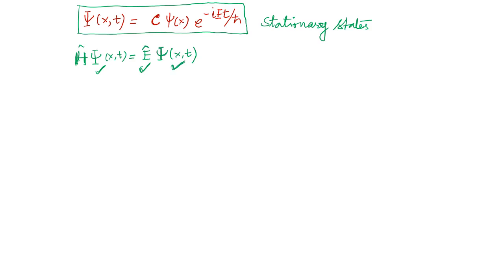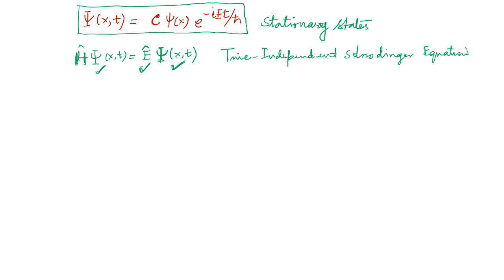This is my stationary state, and the Schrodinger equation which defines the stationary state is called the time independent Schrodinger equation.